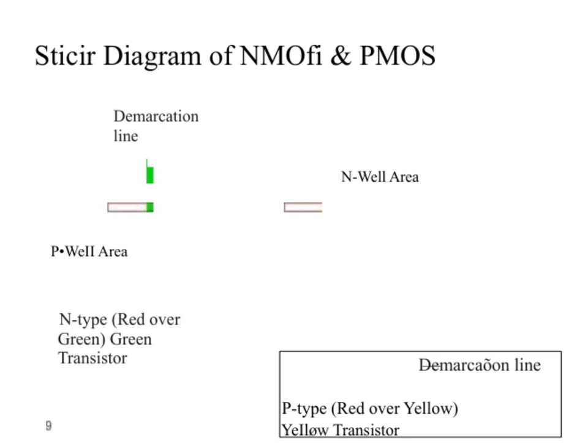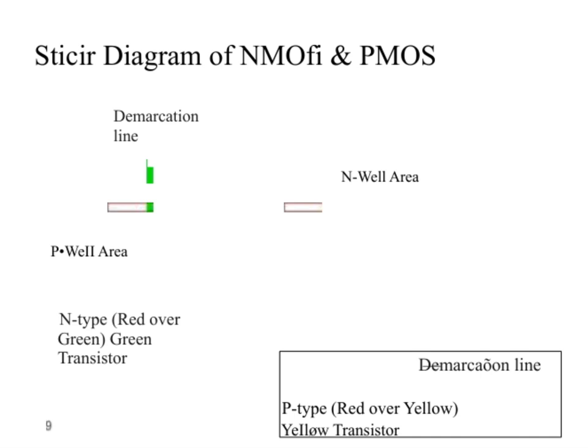Here, we have a stick diagram illustrating the structure of NMOS and PMOS transistors. At the center, you'll notice the demarcation line that separates the different regions. On one side, we have the P-well area, which is where the NMOS transistor is fabricated. This is indicated by the N-type region shown in red over the green background, representing the green transistor. On the other side, we find the N-well area, designated for the PMOS transistor.